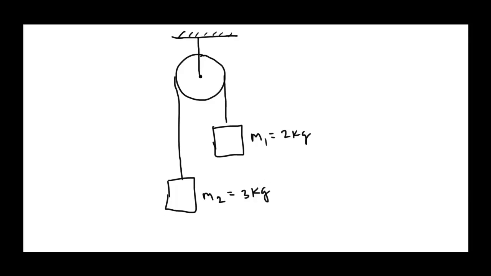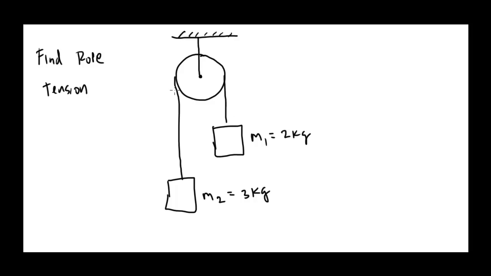And now I'm going to ask, what's the tension in the rope? Find the tension. So that's our task. Now the first thing I'm going to say is, let's think about the tension in the rope. Everywhere along this rope, the tension has to be the same.